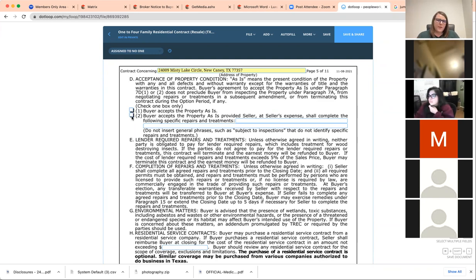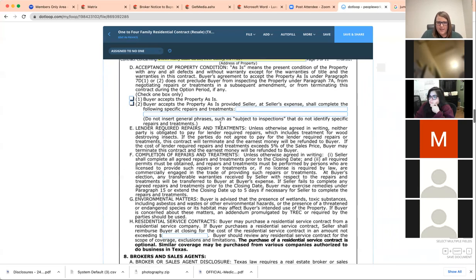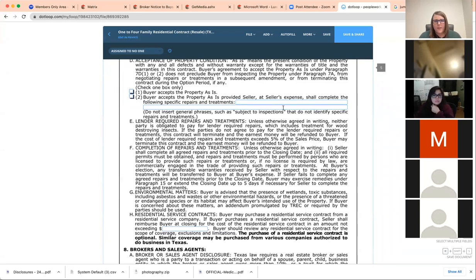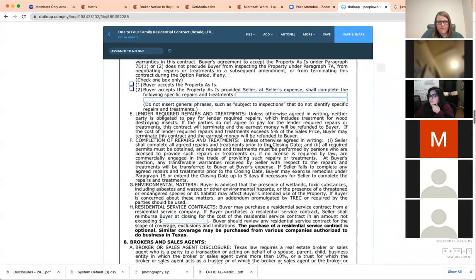Or you can check number 2 and say, buyer accepts it as is, provided seller is going to make these specific repairs by closing. So let's say the fence was half leaning and you already want the seller to fix that, then you could put that here in number 2. And then after inspections, that's when you would renegotiate.